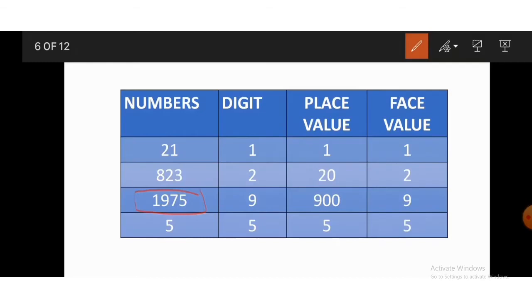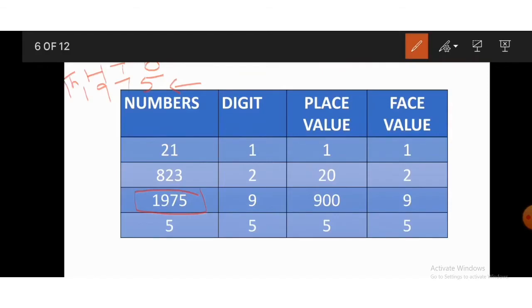1975. What is the number? 1975. What is the first step to be done? Right, write the places of the digits on top of them. What is the first place? Ones place. Second is tens, hundreds and thousands.